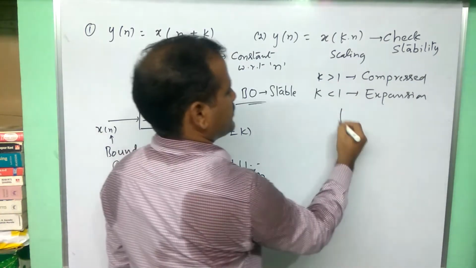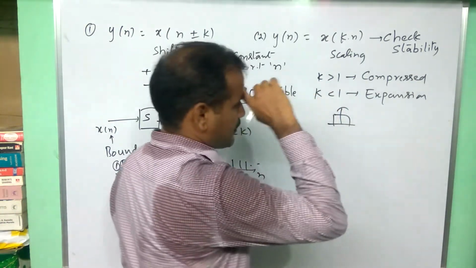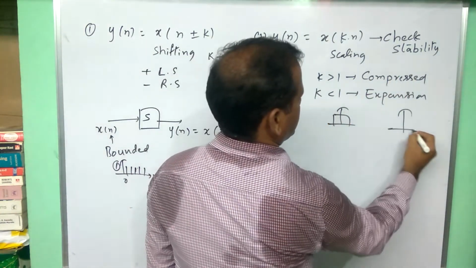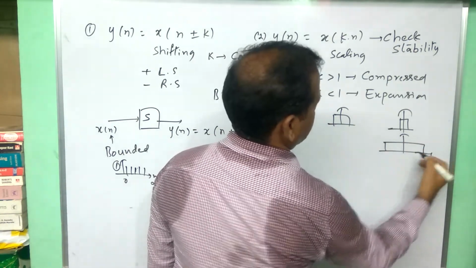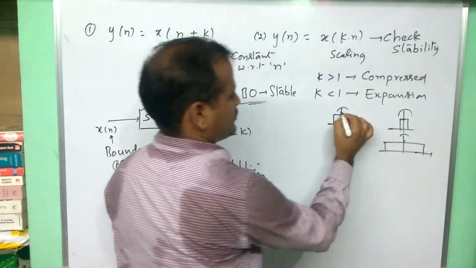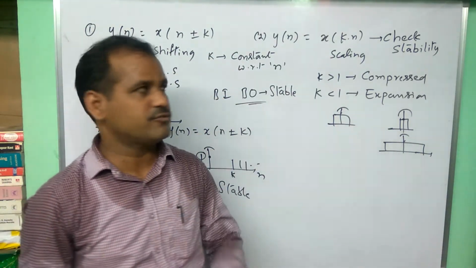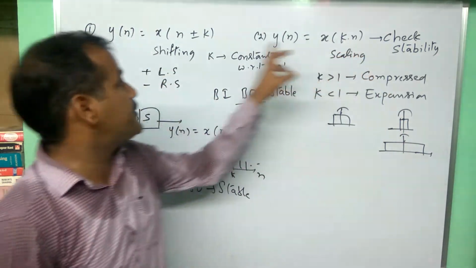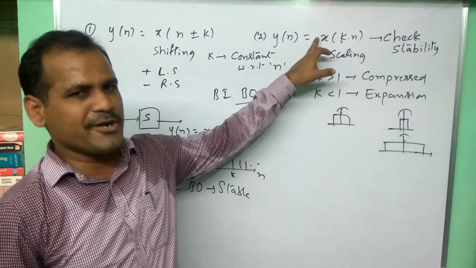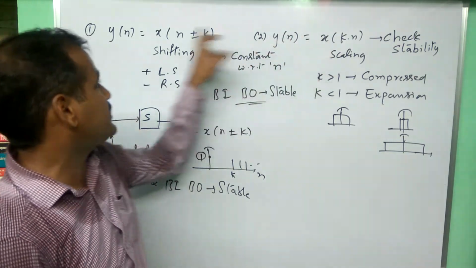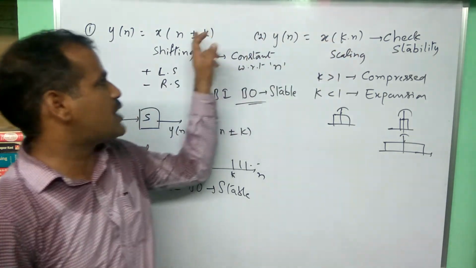Here, if a rectangular signal is applied, compression means the width decreases, expansion means the width increases, but the amplitude does not change. Simply observe that we are performing the operation on the independent variable, but bounded or unbounded is decided by the amplitude of the signal. So the amplitude is not changing in these two operations.